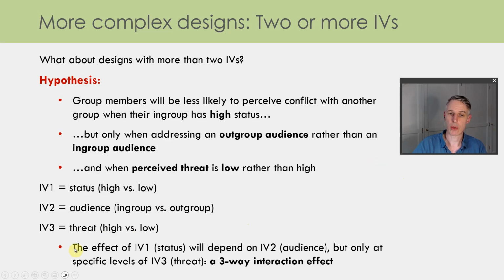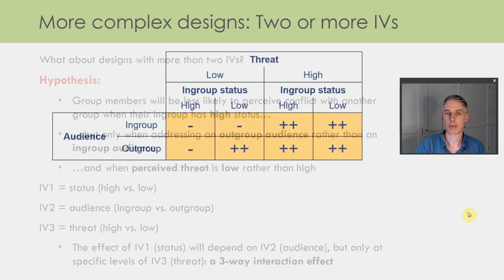And our hypothesis here is suggesting that we're going to see an effect of the first independent variable, status, but that's going to depend on the second independent variable, audience, but now in turn we're only going to see that at specific levels of a 3rd independent variable, threat. So what that is suggesting to us is we're going to expect in the analysis a significant 3-way interaction between those 3 independent variables. Okay.